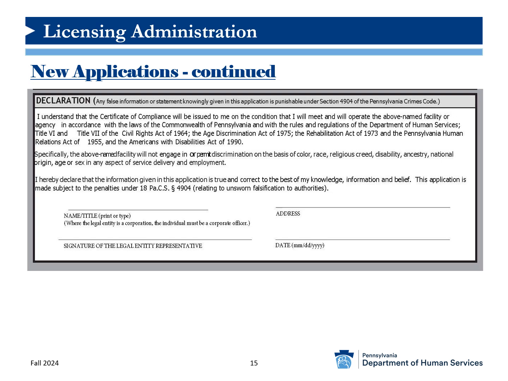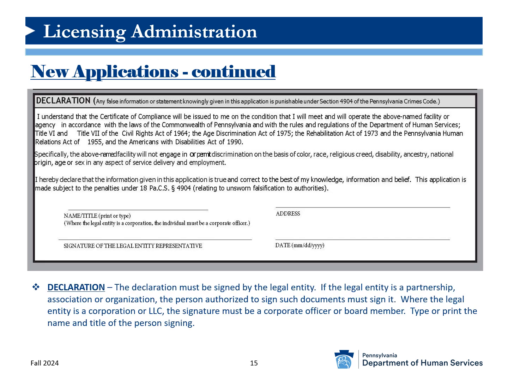The last part of the application is the declaration. It must be signed by the legal entity. If the legal entity is a partnership, association, or organization, the person authorized to sign such documents must sign it.